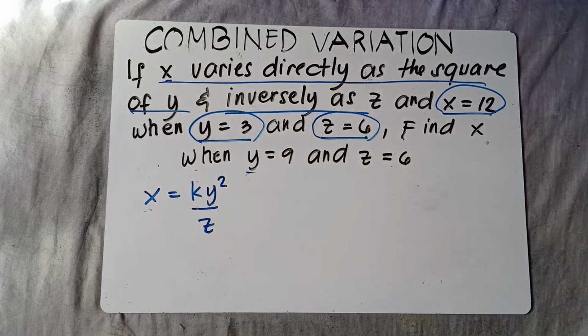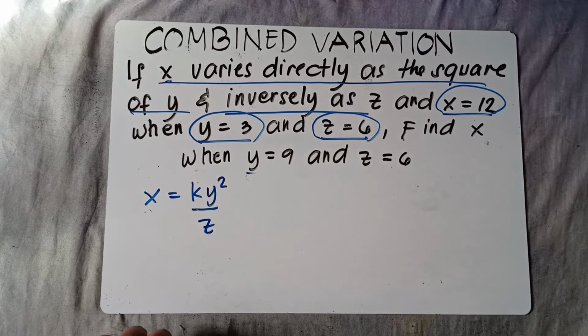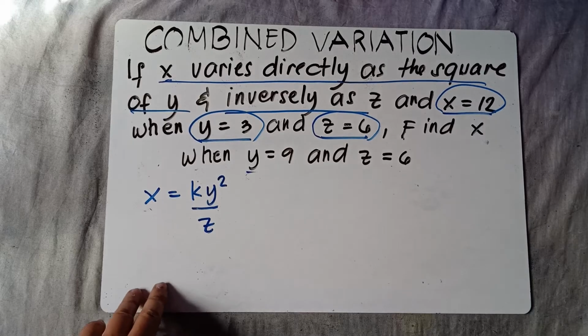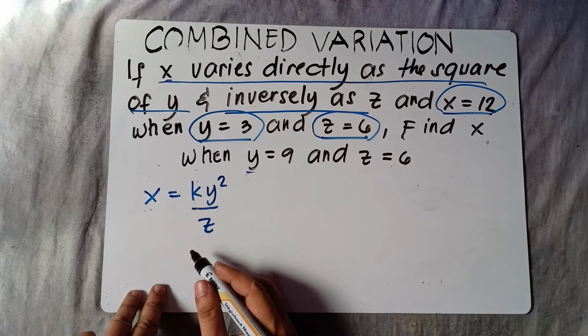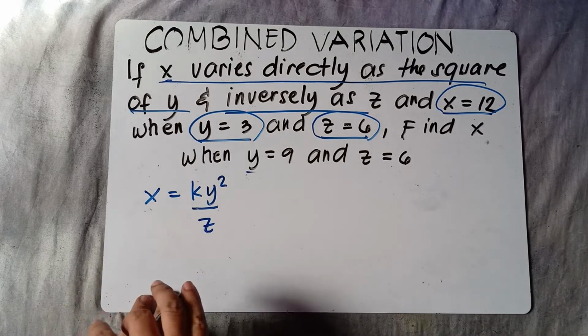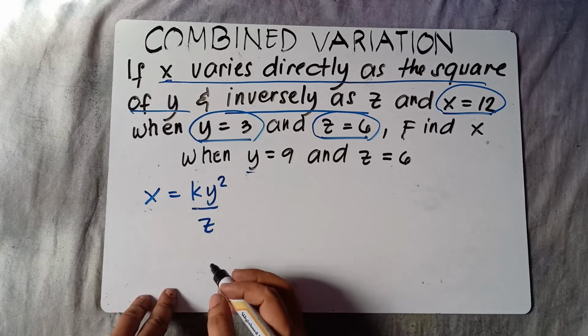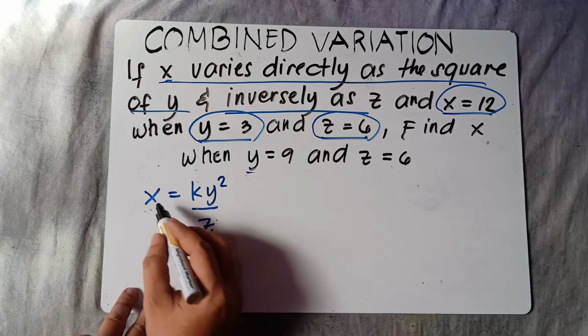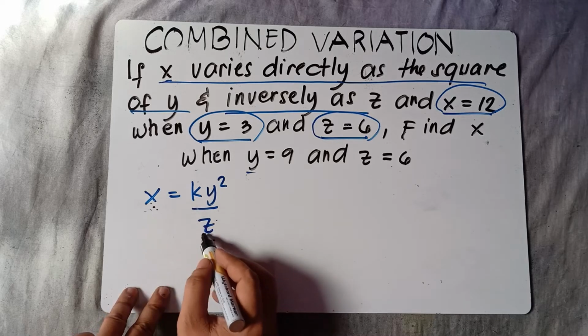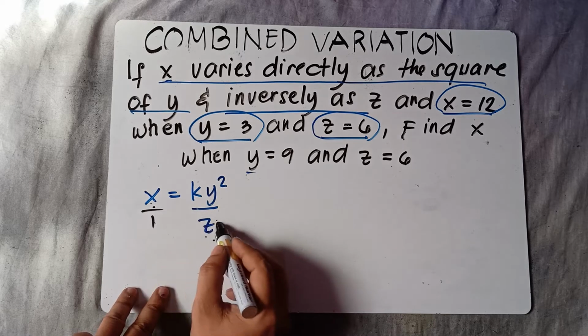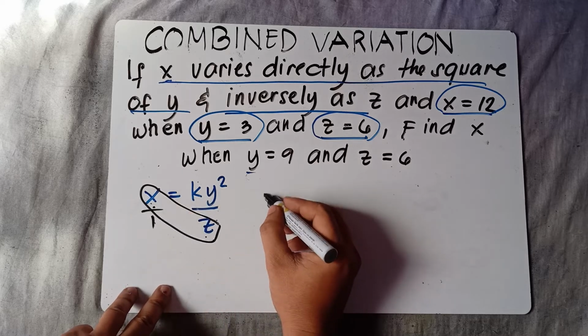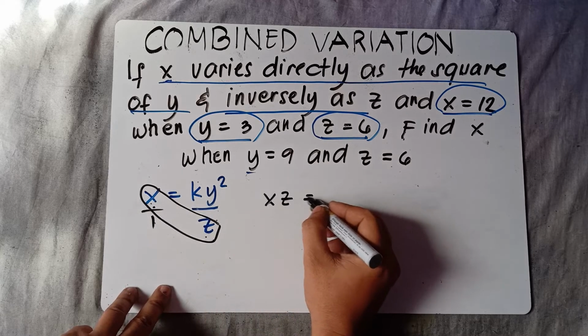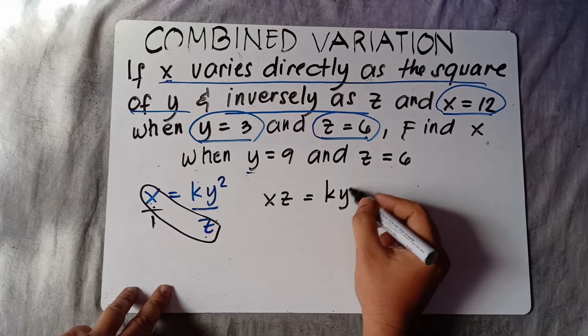Okay, so substitute now to get k. You can do formula transformation, or you can simply substitute if you want to. That would be the same answer. To find k, you can cross multiply: z times x, so xz equals k y squared.